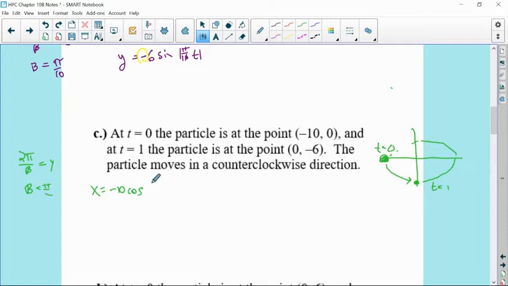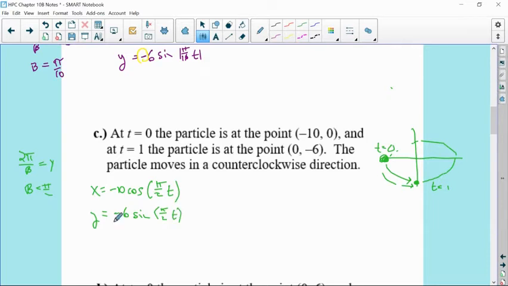So that would go here, cosine of pi over 2 t, introducing that parameter. Okay, excellent. Now, I need to go down here. And because I'm encountering y's being negative initially, that means my y component also has to be negative. So y equals -6 sine of pi over 2 t.